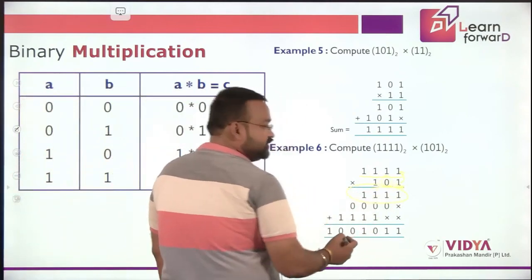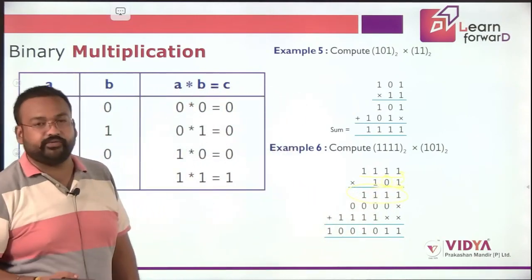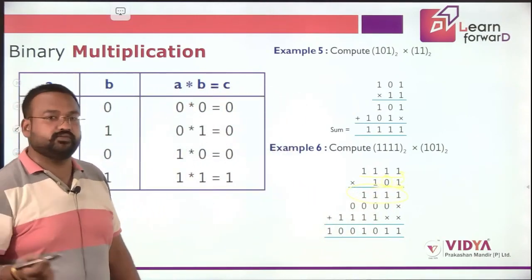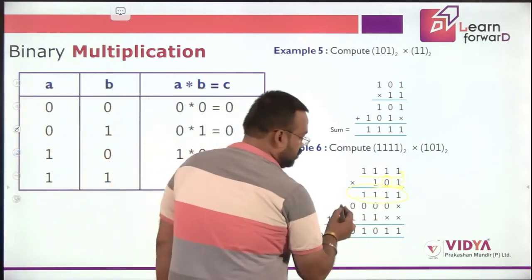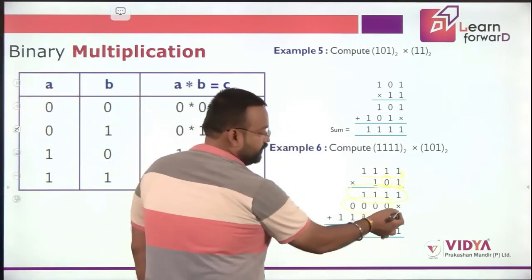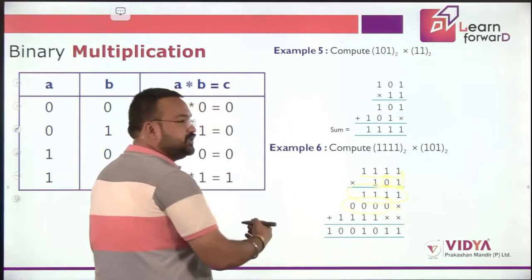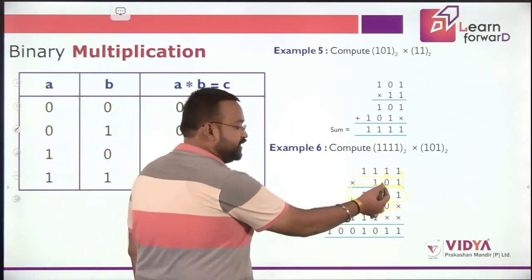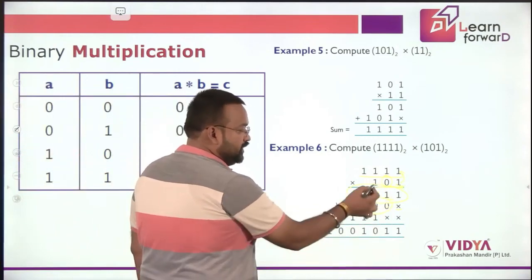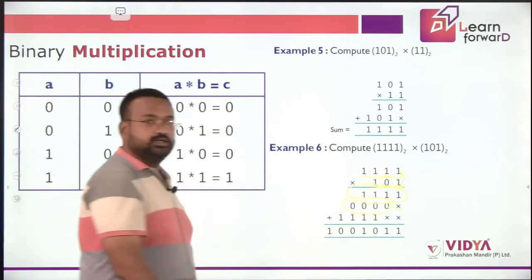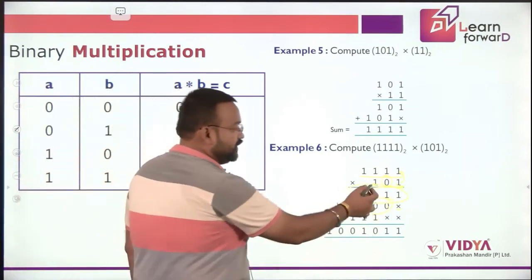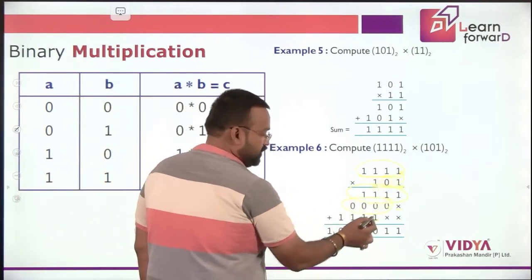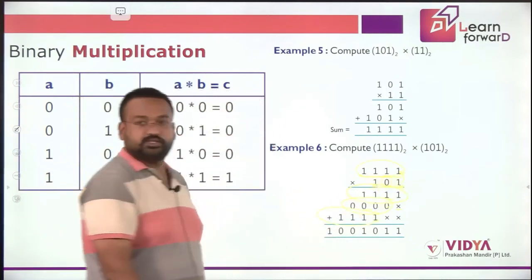When we multiply with 0, whatever the number, the answer would be 0, so that means all 0s. I hope it is clear. We are just shifting one place as per the position. This number is at the second position, that's why we are starting with the second. This is at the third, so we are starting with the third position. When we multiply with 1, we will get this number.